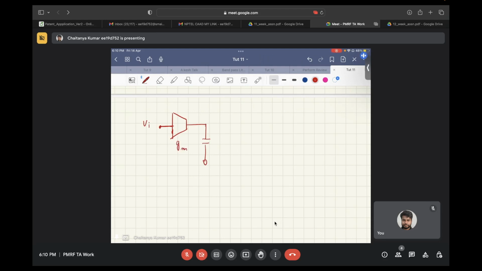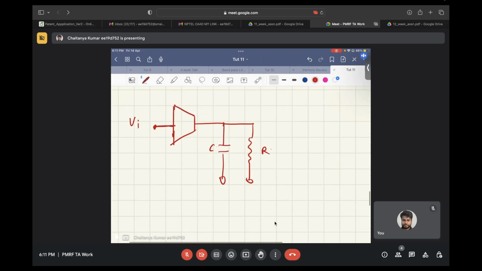So consider this circuit. What we have over here is an input, and a transconductor, which is a weakly nonlinear transconductor, and this pushes current into a parallel RC network.